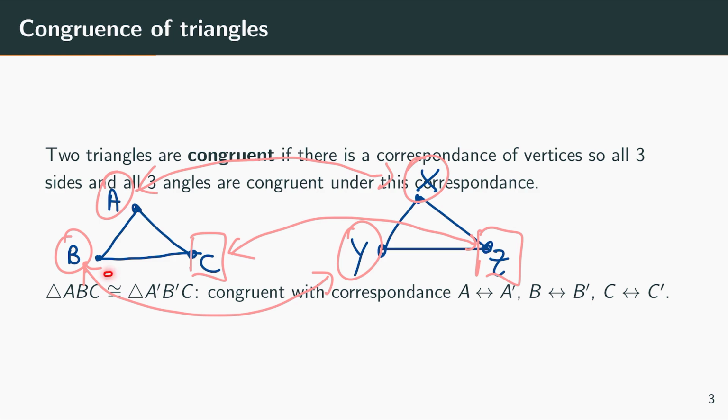And then we will write triangle ABC, and then this symbol that looks like an equal sign with a tilde on top. That's our congruence symbol.